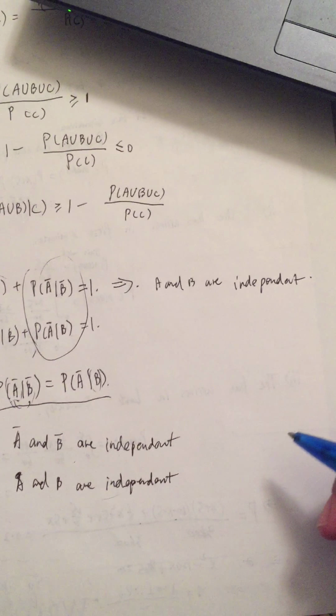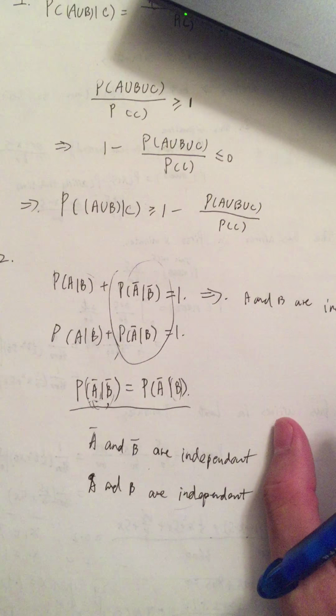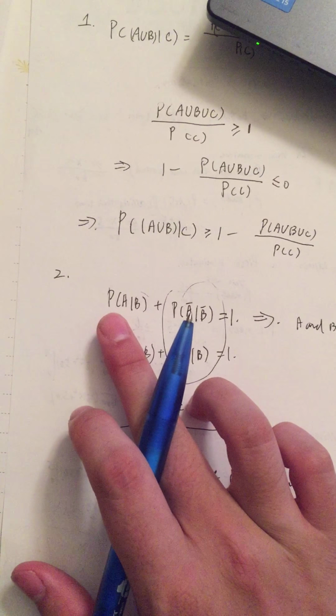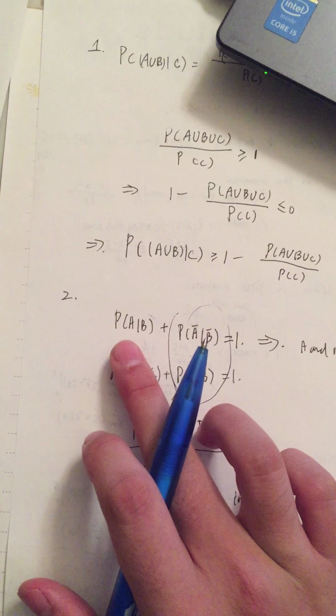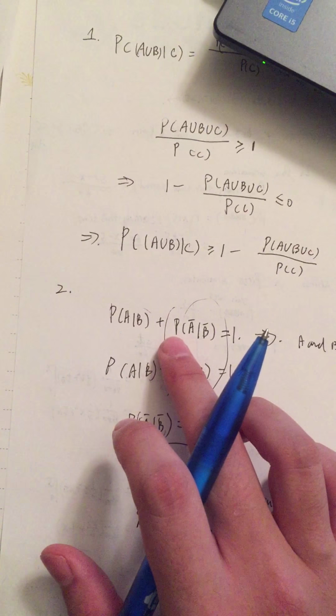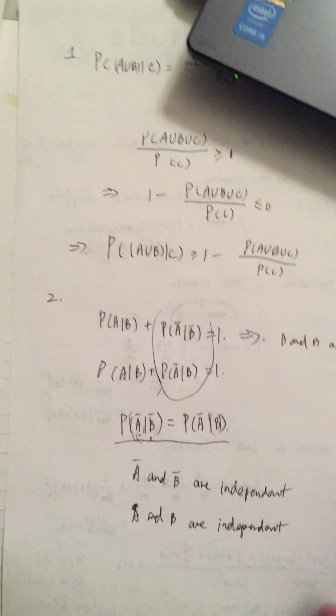Now we want to prove the other direction: if A and B are independent, then we want to show P(A given B) plus P(not A given not B) is 1.